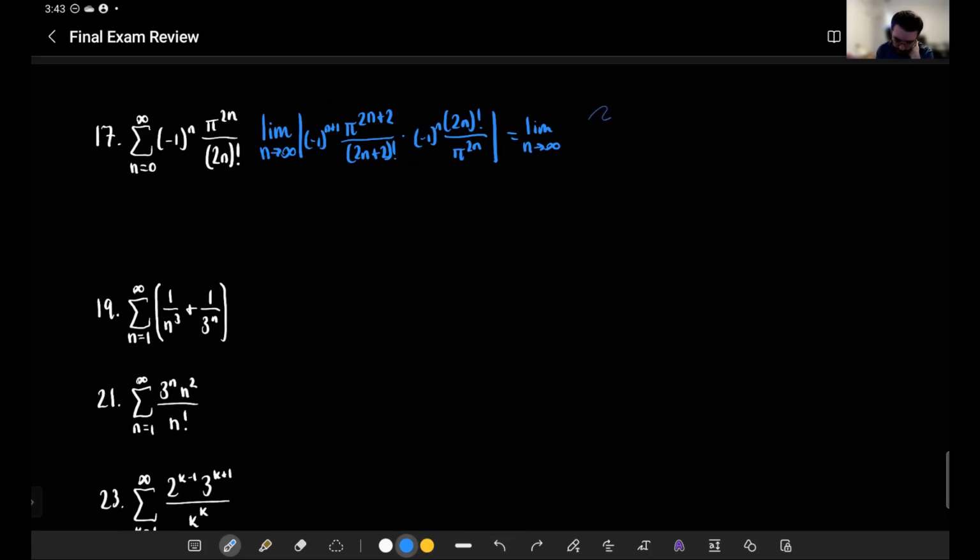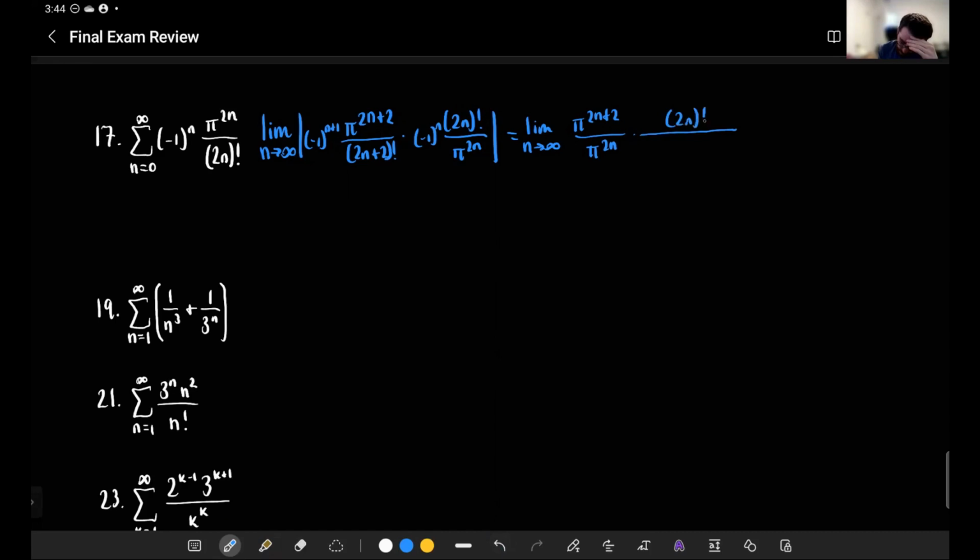So let's just write this as pi to the 2n plus 2. And let's put similar terms over similar terms, right? So group these two together, and then group those two together. So this will be over pi to the 2n. You'll get some good cancellation there. And this is 2n factorial over 2n plus 2 factorial. I'll go ahead and write this in an even nicer way.